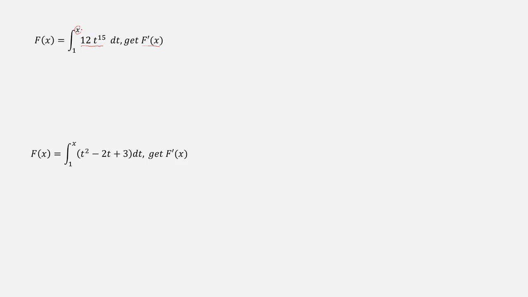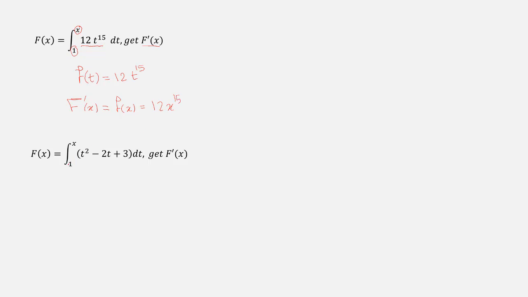The upper limit is x, the lower limit is 1, so f of t in this question is 12t to the 5, so F dash of x will be equal to f of x, which is 12x raised to 5.